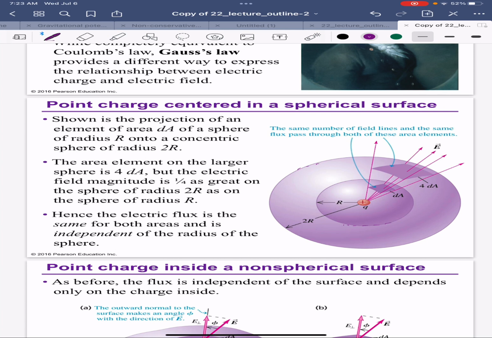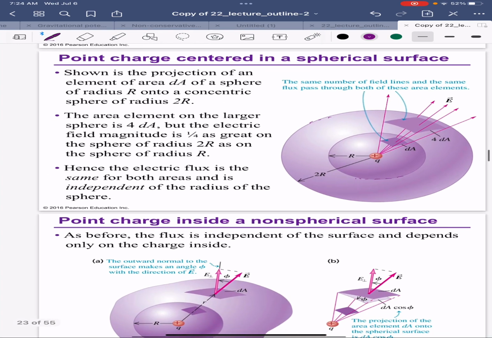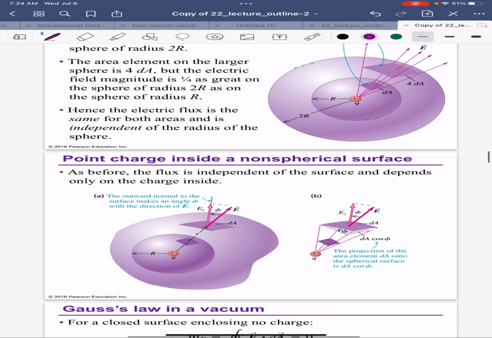And now the electric field magnitude on the second surface is going to be 1/4 as great. Therefore the electric flux is the same for both areas, and it is independent of the radius of the sphere. We said that before when we were talking about boxes: the size of the box doesn't affect the electric flux.